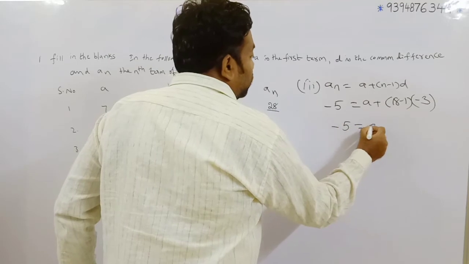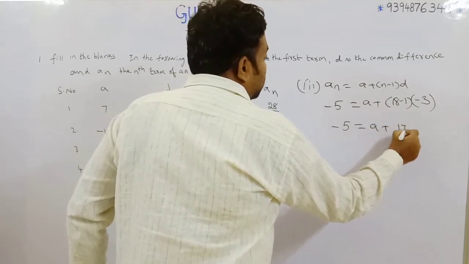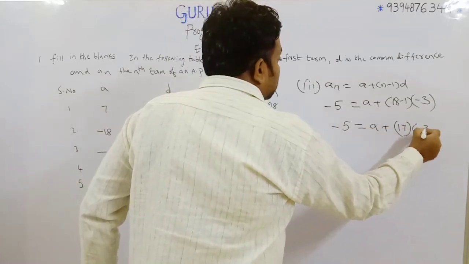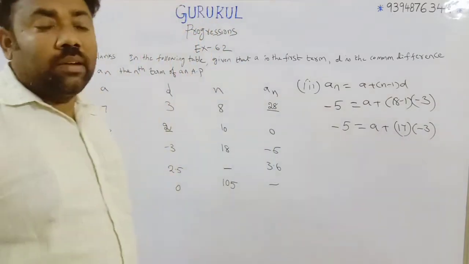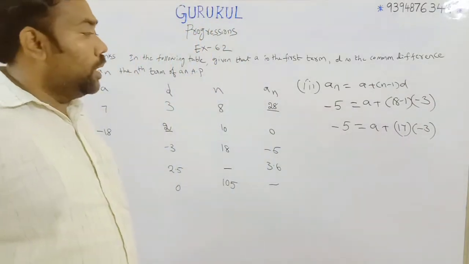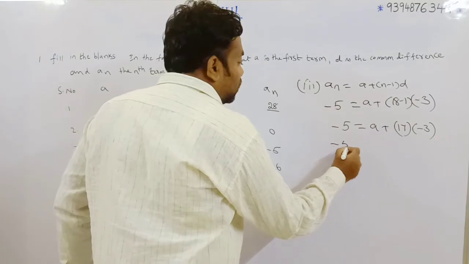Minus 5 equal to a plus 18 minus 1, 17 into minus 3. 17 into minus 3 is minus 51.